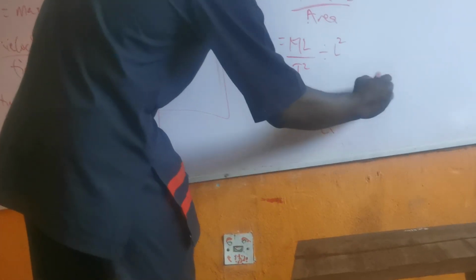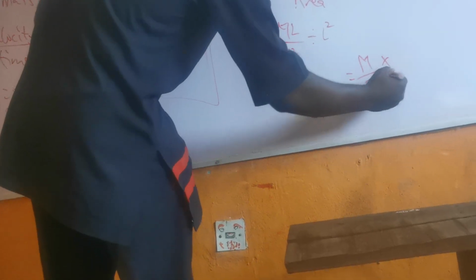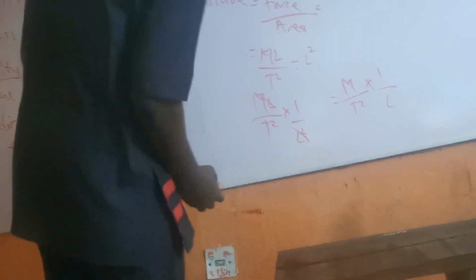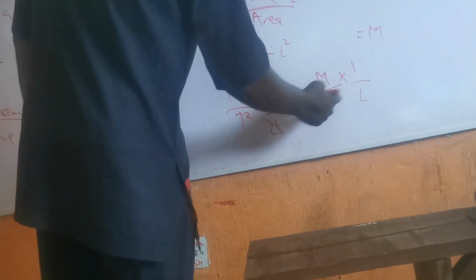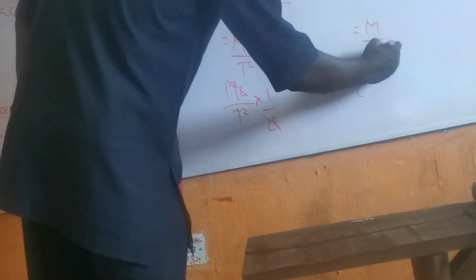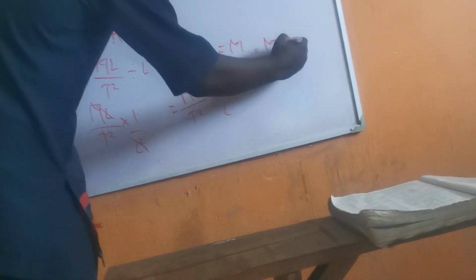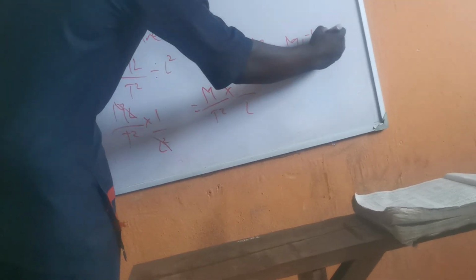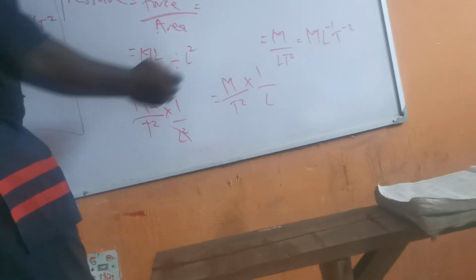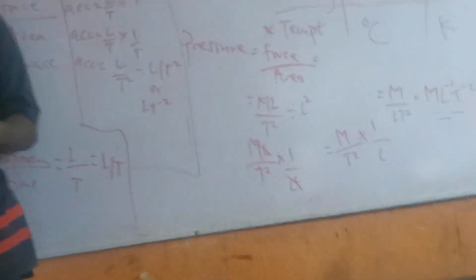So finally, we have M over T squared times 1 over L. So if you multiply, finally the dimension for pressure will give us ML to the minus 1 T to the minus 2. You know it's added down now. Are you getting me now? So this is the dimension for pressure.